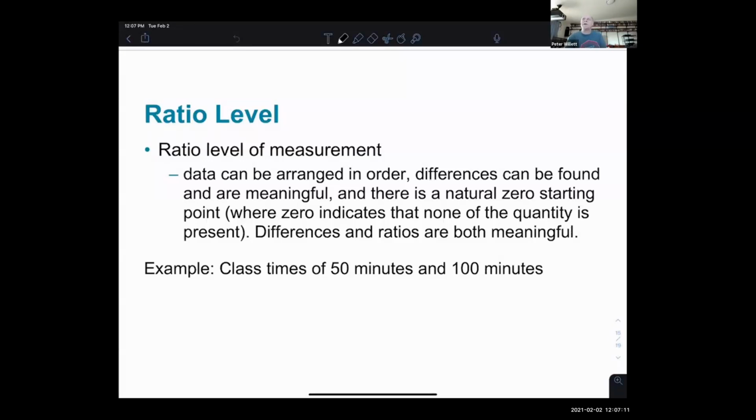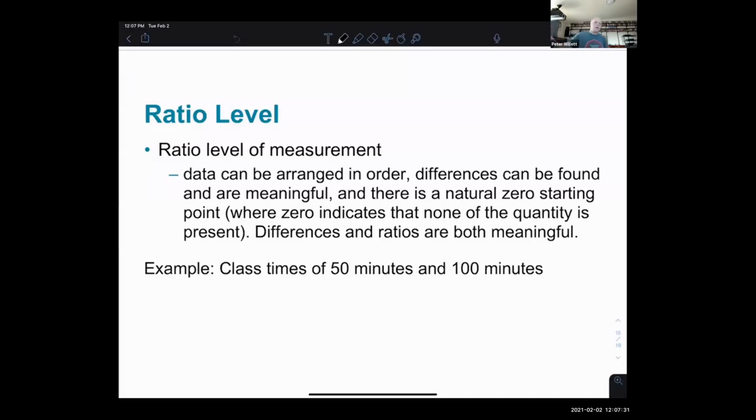Birth weights. We'll say in ounces. So that's a type of measurement. What type of data would that be?